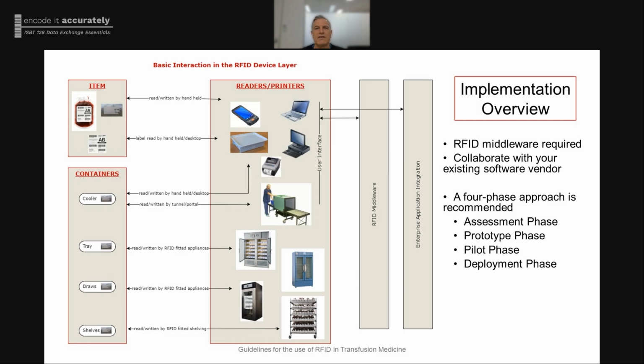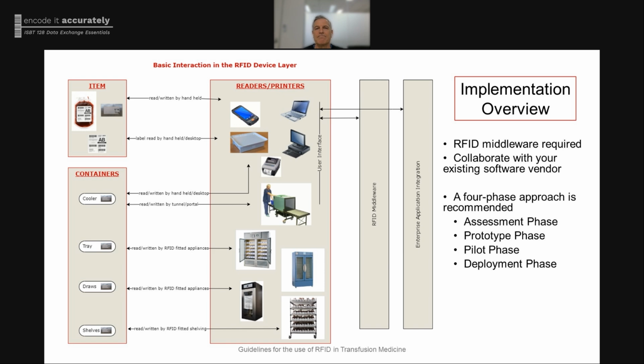Shown here are the various hardware elements and data flows in an RFID transfusion system. A key component is the RFID middleware located between the RFID system and the existing blood management system, or LIS. Close collaboration with your existing software vendor and the middleware provider, if they are different, is essential.